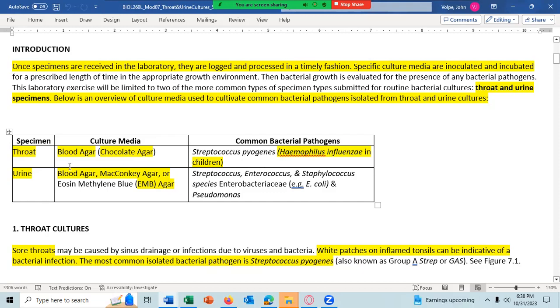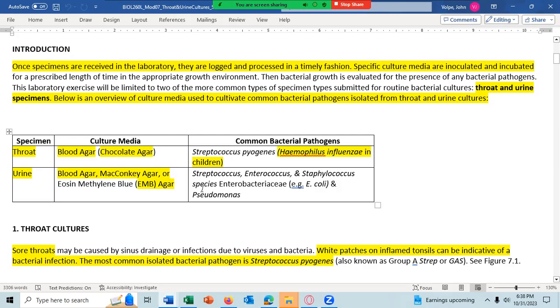And then for urine specimens, we have at least 2 media we grow the urine culture in, and that is blood agar, and then one of the 2 others. You can either grow it on MacConkey's agar or EMB agar.